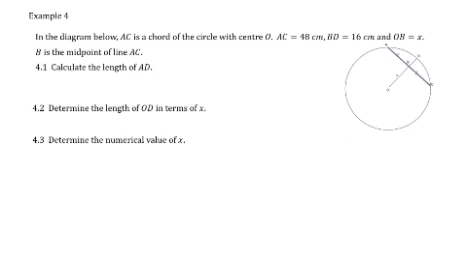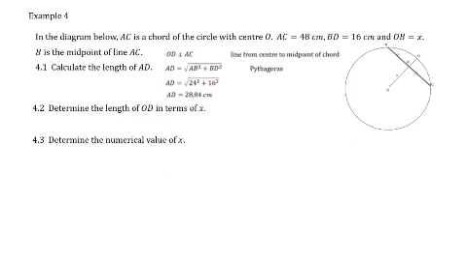Now because OD is bisecting AC, or OD is perpendicular to the line AC, the reason is that a line from the center to the midpoint of the chord is perpendicular. Now we are going to draw an imaginary line forming a triangle.